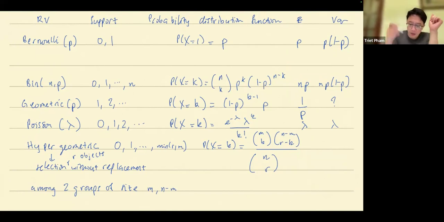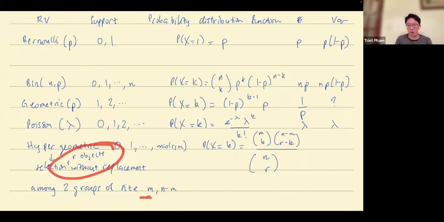If you have, let's say, m blue balls within n balls total, and let's say you select 6 balls out of 10 balls, 4 of which are blue.